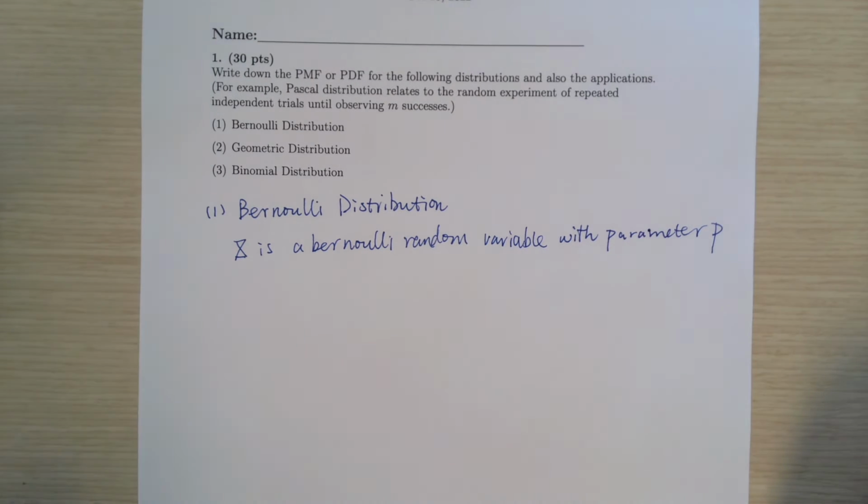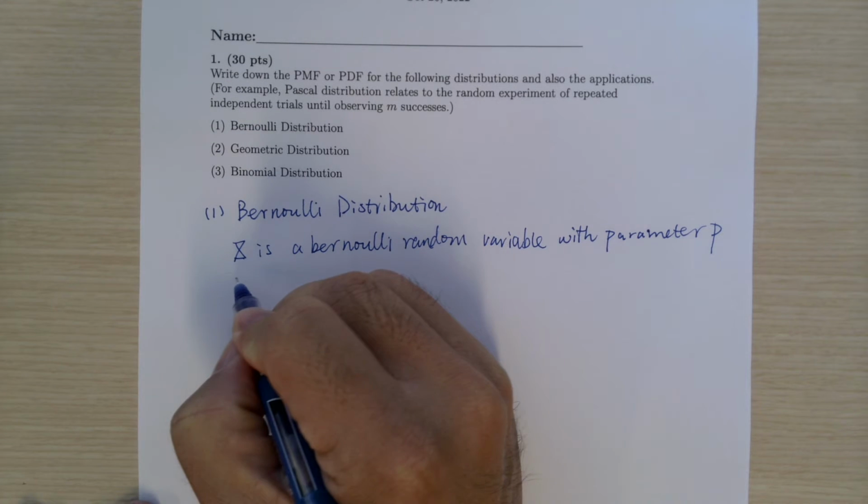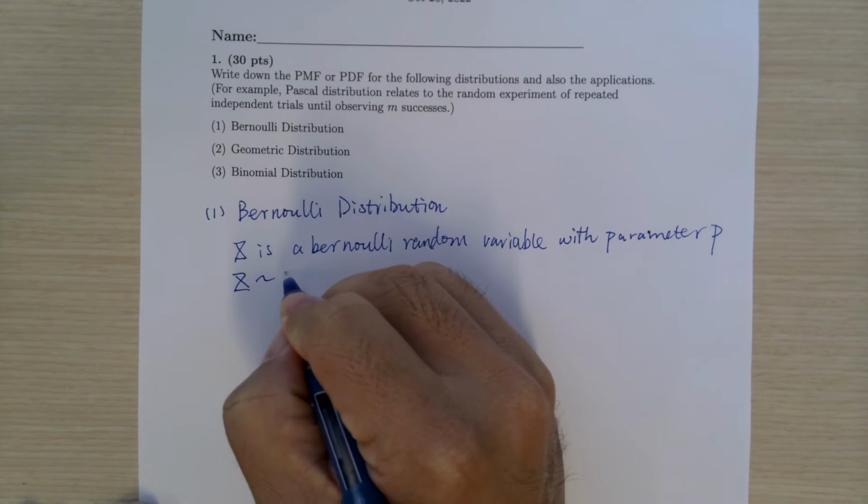You can think of this parameter as the success probability. So typically we'll just write it like this.